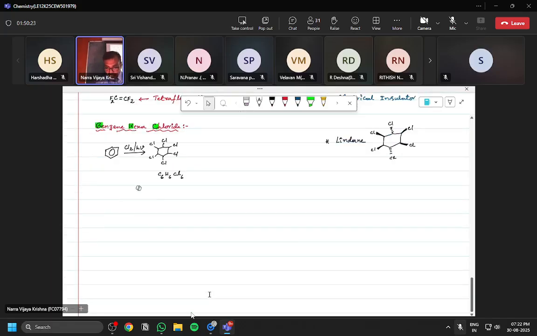If the same benzene is allowed to react with chlorine in the presence of either iron or FeCl3 or AlCl3, then electrophilic aromatic substitution. If I use excess, all hydrogens are replaced by chlorines.